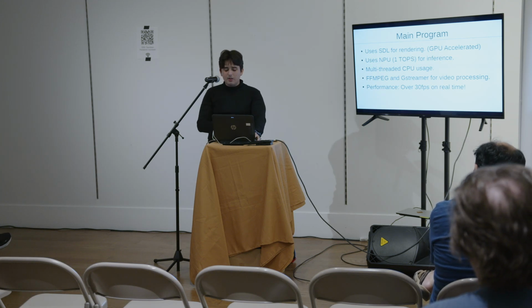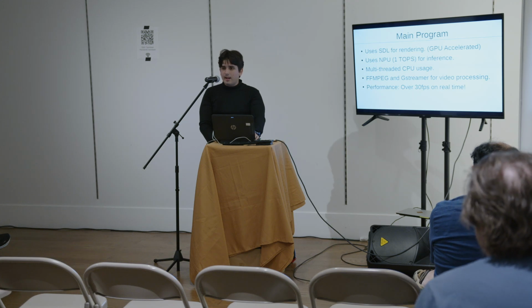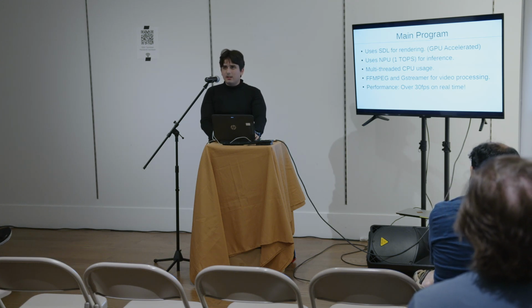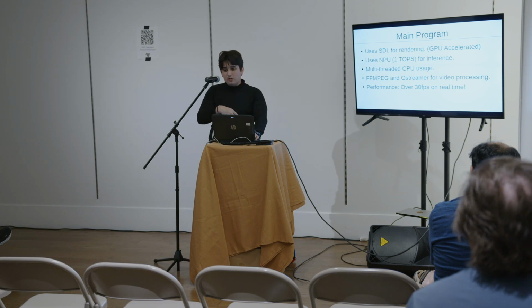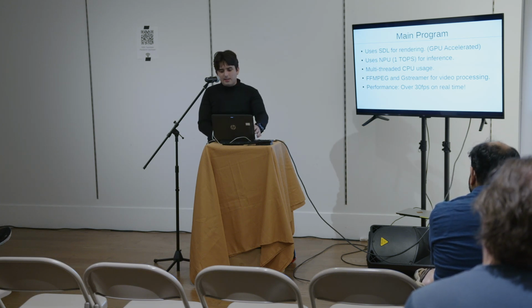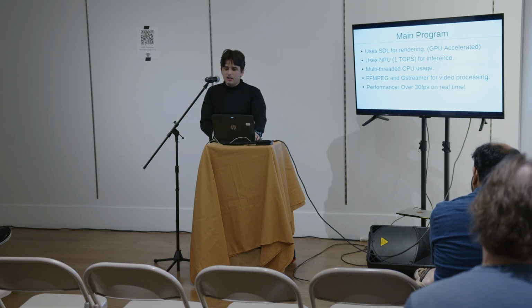And you're going to see it very briefly. As for the AI inference task, we're using the neural processing unit for this. So again, we are trying to offload as much as possible from the CPU, which is usually not very strong on this kind of low power devices.